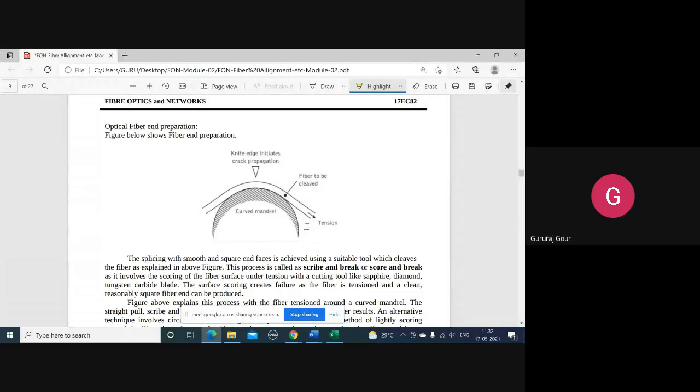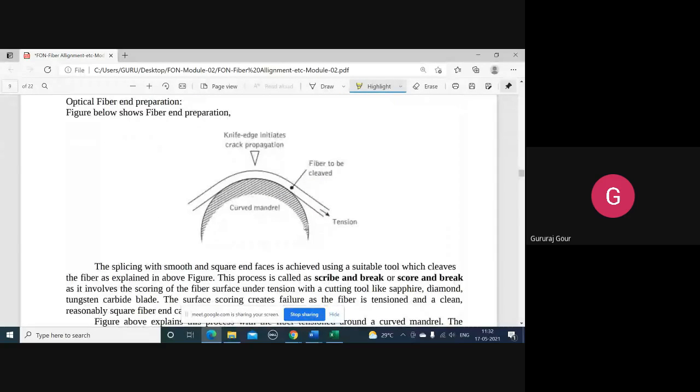Fiber end preparation, to understand in a layman's way: if you take two fiber ends, fibers are very thin and they are soft.